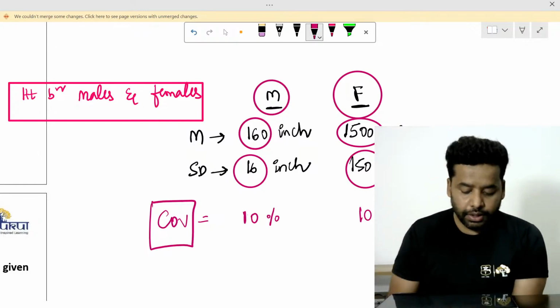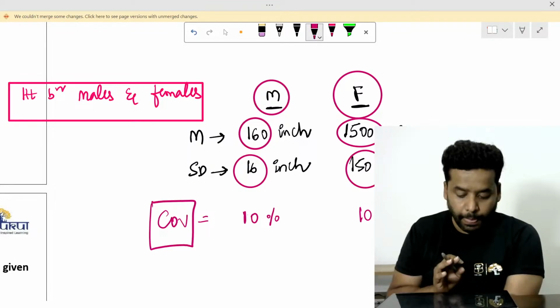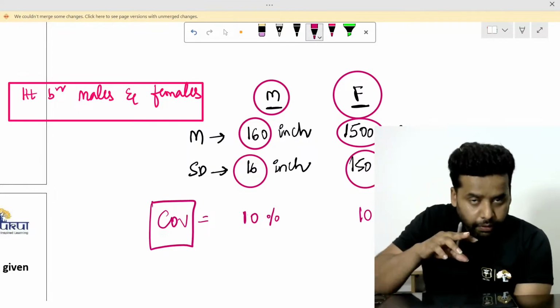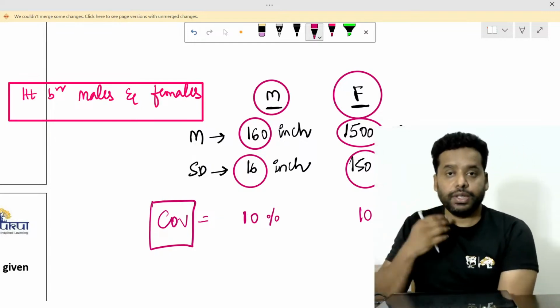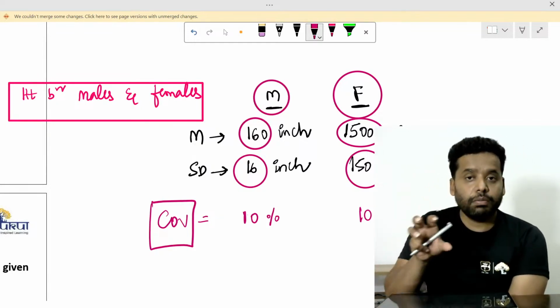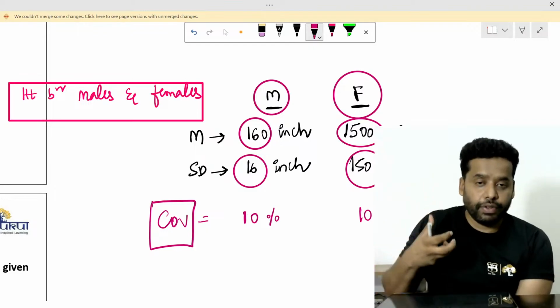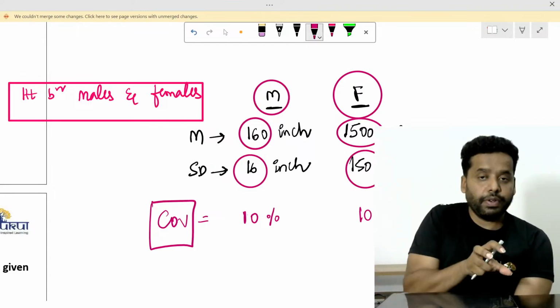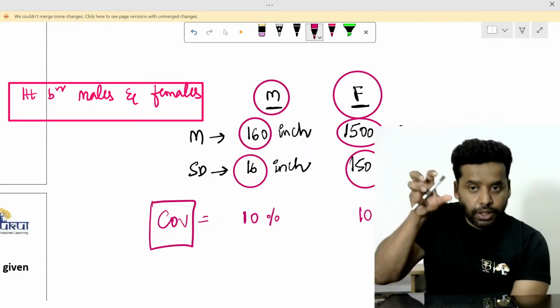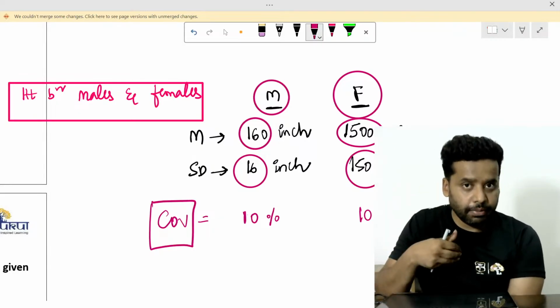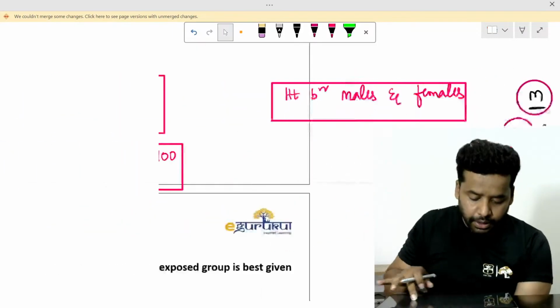Coefficient of variation is always used to compare variation of one variable between two samples, or between two variables within one sample. If I want to compare pulse and blood pressure of athletes, cricketers for example, whether pulse is varying more or blood pressure is varying more, what can be used to compare the variation?